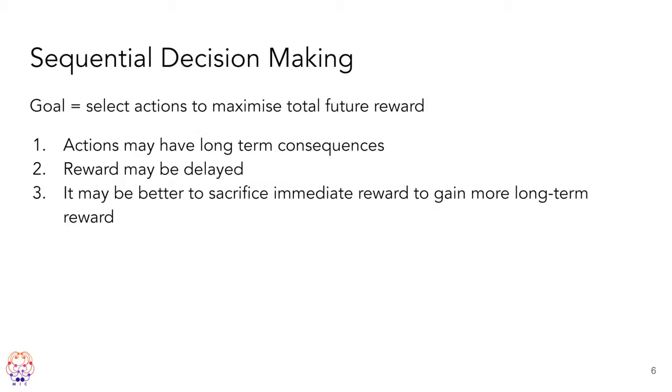Next, we defined our goal, and now we're going to form our sequential decision making. So in making decisions over time, we have multiple dynamics. Our actions could have long-term consequences.